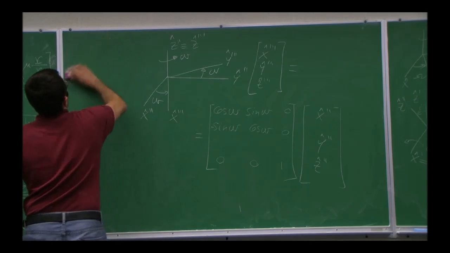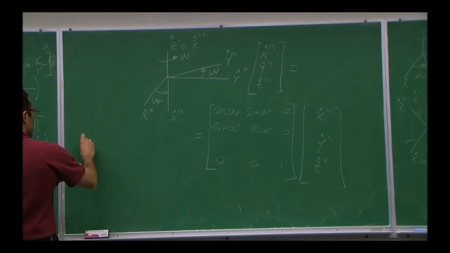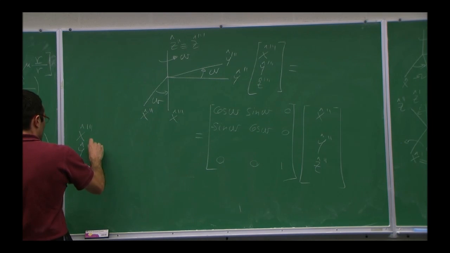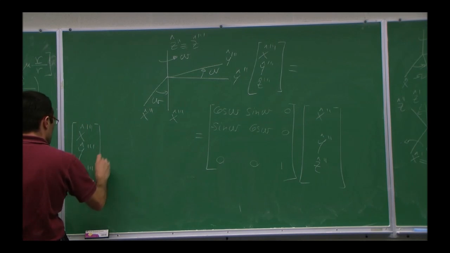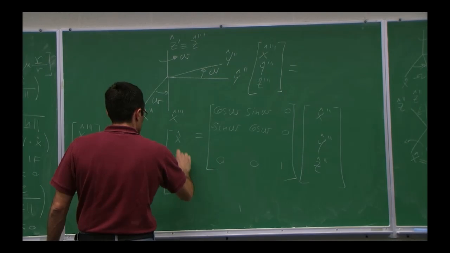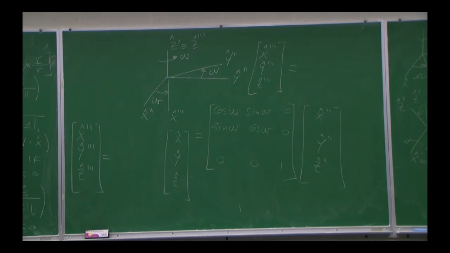So, before we leave, how would you put everything together? How can you go from the original ECI basis, x, y, and z, to the final one?